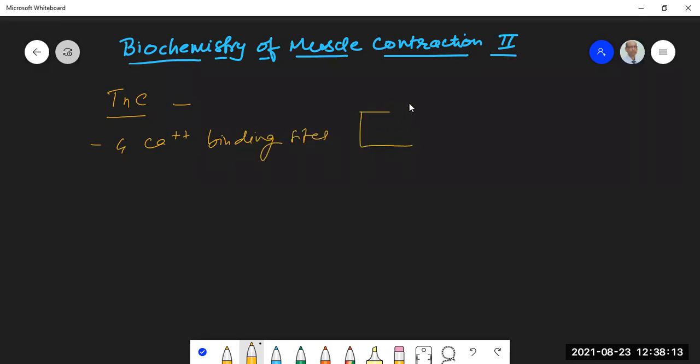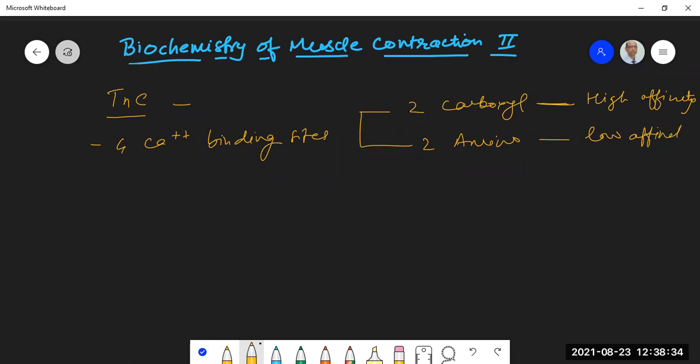There are 2 at the carboxyl end and 2 at the amino end. The carboxyl end sites are high affinity sites, and the amino end sites are low affinity sites. High affinity means what? Even when the calcium level is low in the cytoplasm, these calcium binding sites remain occupied. But the low affinity amino terminal sites remain vacant when the calcium level is low.